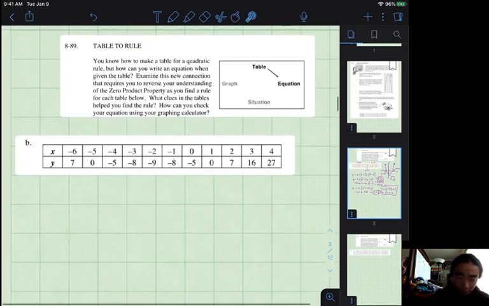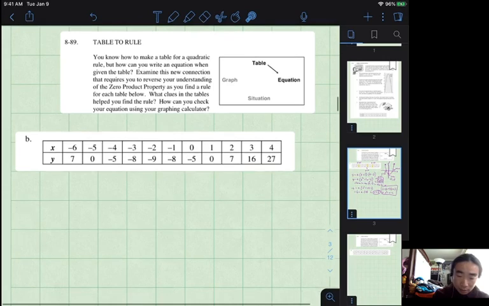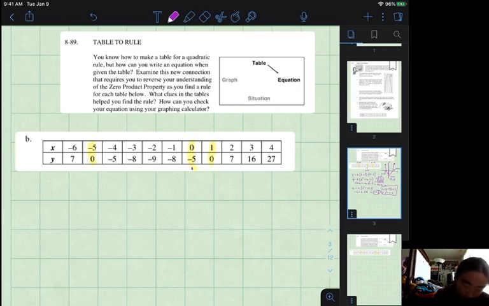Okay, so for here, different table, same idea. We want to come up with the equation for this quadratic, this parabola. So just like what Jimmy said, we're looking at the zeros, something special there. And noticing here is your y-intercept by definition, because x is 0. Here's your x-intercept.